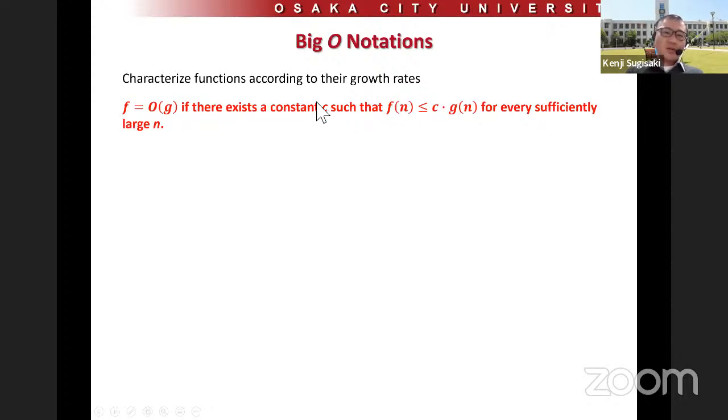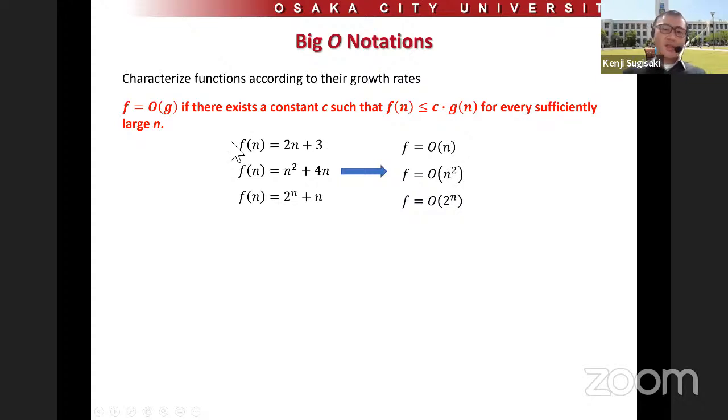The big O notation is defined like this: f equals O of g if there exists a constant c such that f(n) is smaller than c times g(n) for every sufficiently large n. Roughly speaking, the big O notation describes the bottleneck steps when the problem size becomes very large.